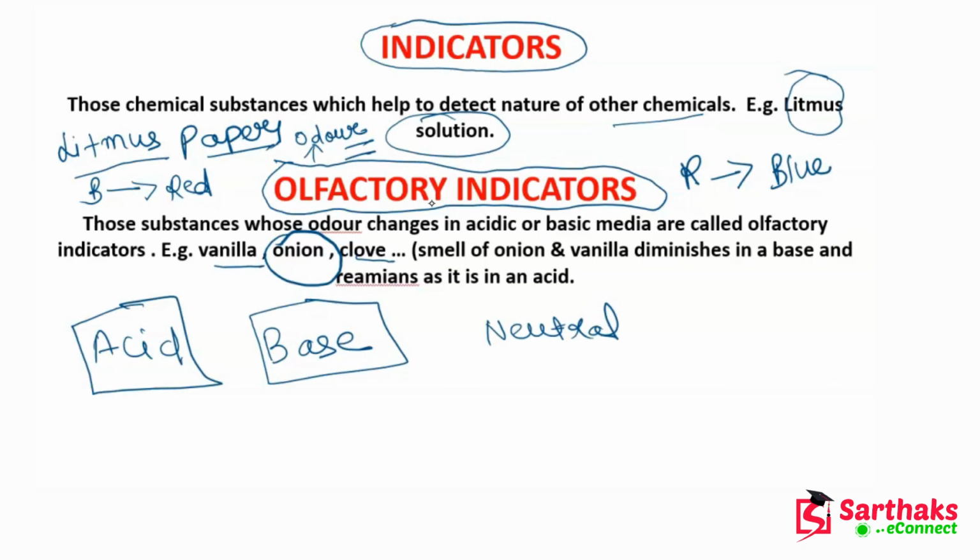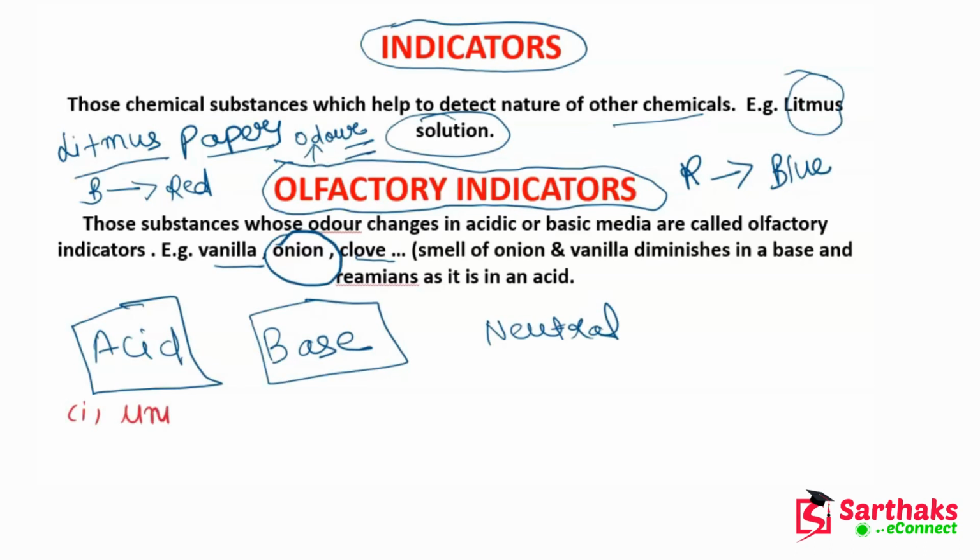So those substances whose odor changes in acidic or basic media are called olfactory indicators, and we have also seen the examples. Now guys, after understanding these olfactory indicators, let me tell you the other type of indicators as well, and those are universal indicators.